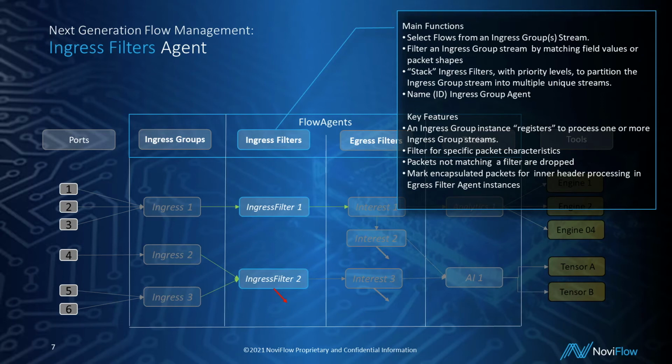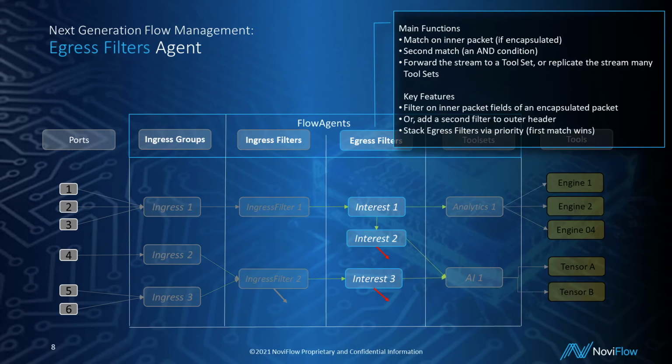But for the present, you only have 2 of those, and so you're going to combine those at this pass of the pipeline into one filter. Give it a name, and now you only have to deal with one set of rules downstream, with the idea that you're going to come back later when you add more tools and then break that apart and have each stream coming out of Ingress 2 and Ingress 3 getting their own set of downstream rules.